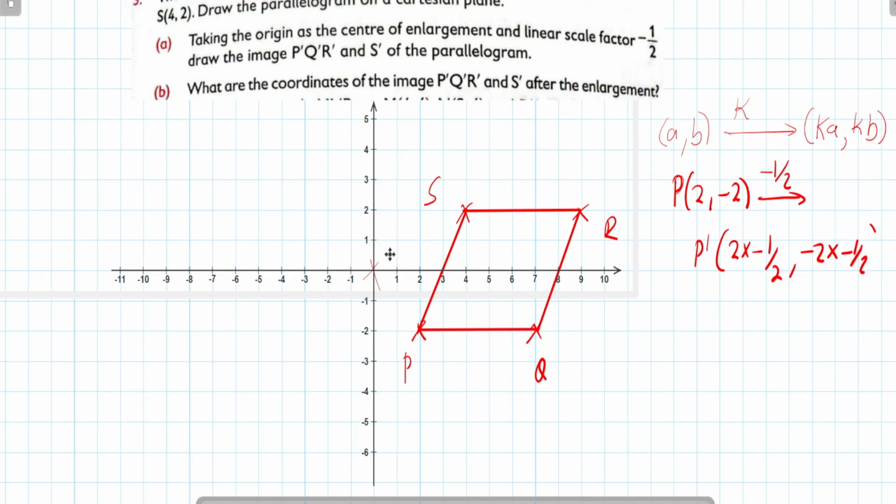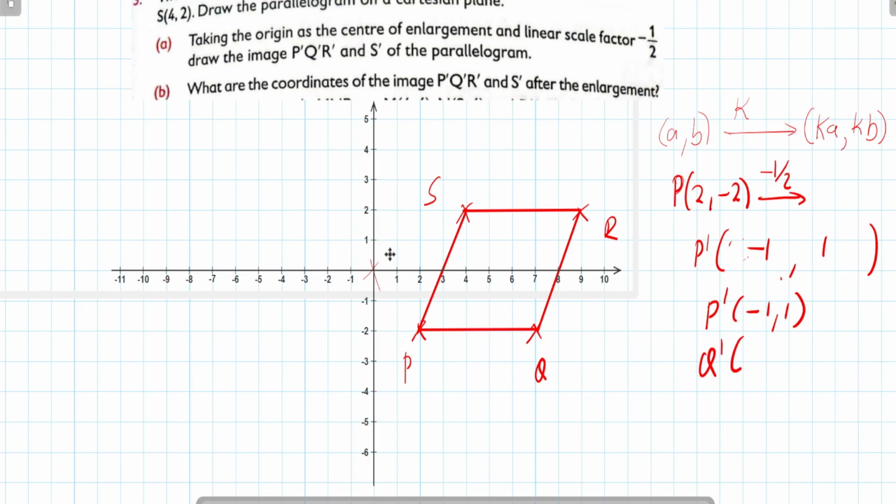So you multiply the coordinates by negative half. 2 times negative half gives you negative 1, and negative 2 times negative half gives you positive 1. So P prime is (-1, 1). Do the same thing with the others.